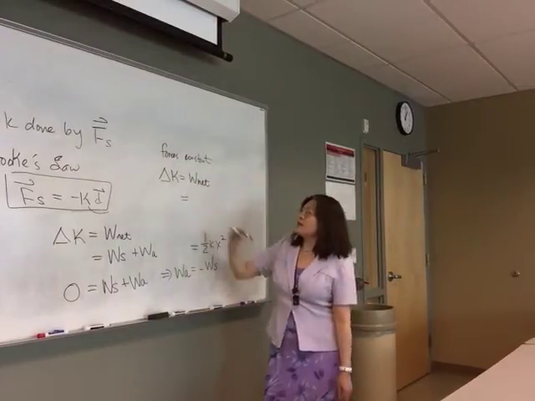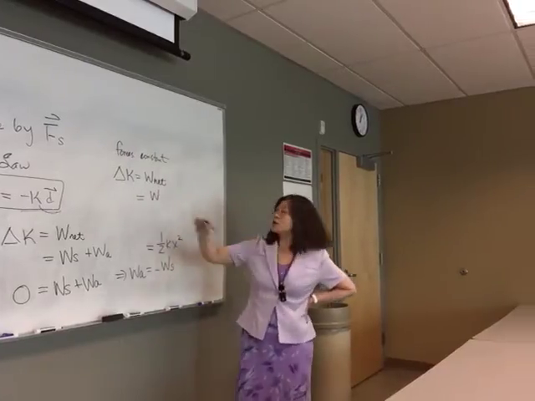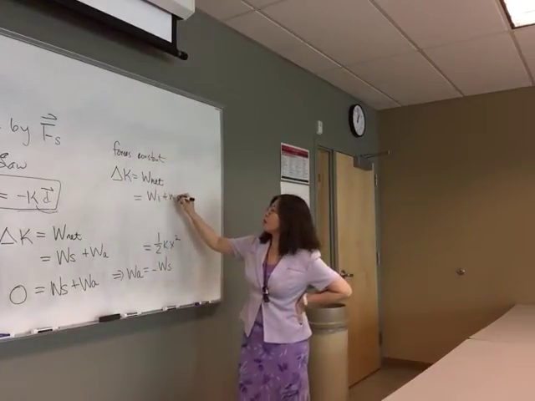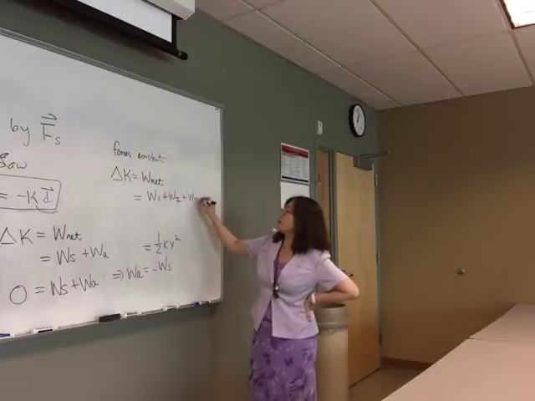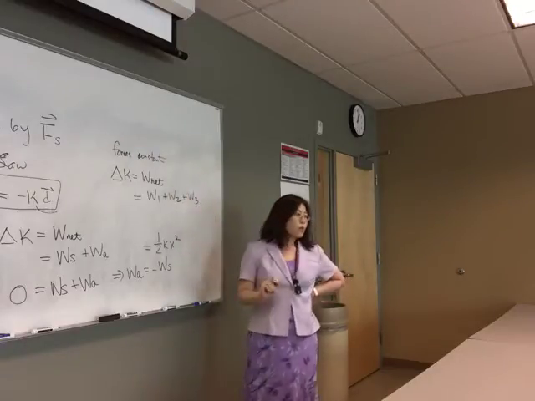And how do we calculate net work? Let's say you have three forces acting on the object: work done by force 1, work done by force 2, work done by force 3. You calculate individual work and sum them up to give you net work.